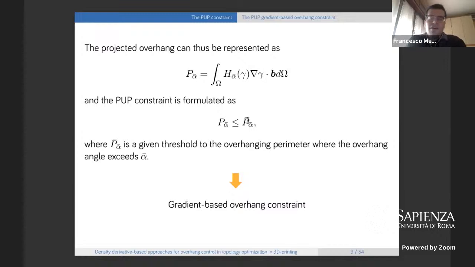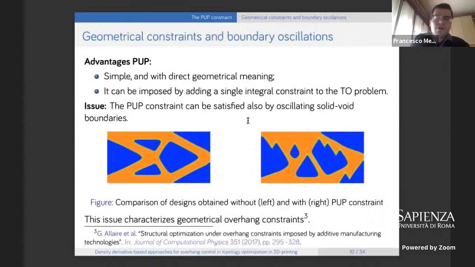This, however, as discussed also in the previous talk of today, although it has some advantages, like it is simple, it has a direct geometrical meaning, and we have a single integral constraint to be imposed on the topology optimization problem, so we have a good efficiency of the procedure, we also have the issue of the dripping effect.